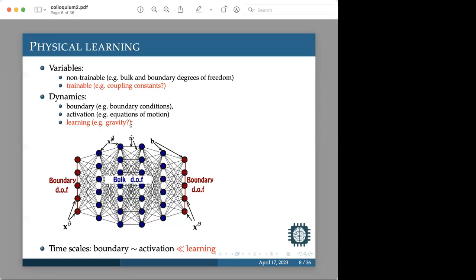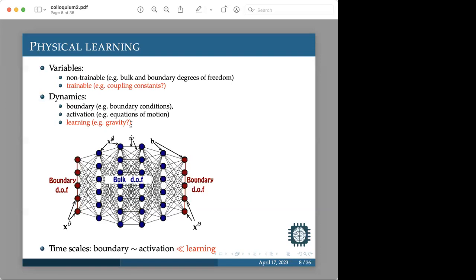Some degrees of freedom are pulled further apart, some pulled closer. And so that effect, in the effective field theory description, changes the strength of the couplings between them, because you've stretched or contracted in a certain way. So gravity, in a sense, has this feature which resembles learning.